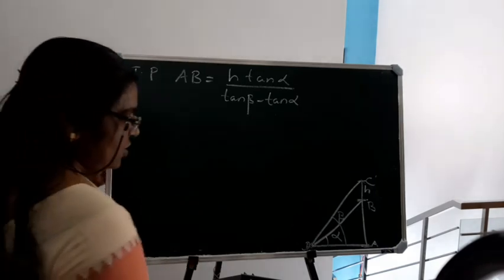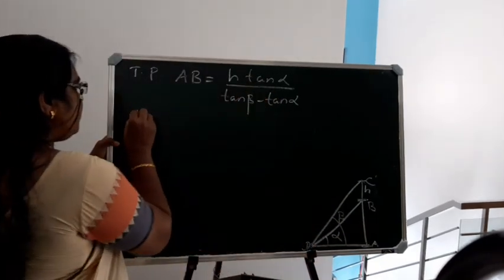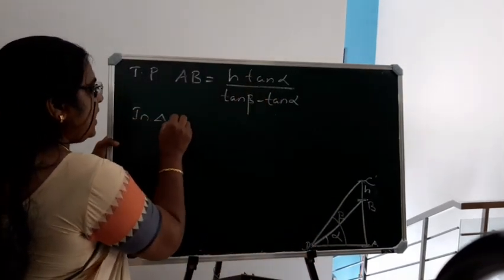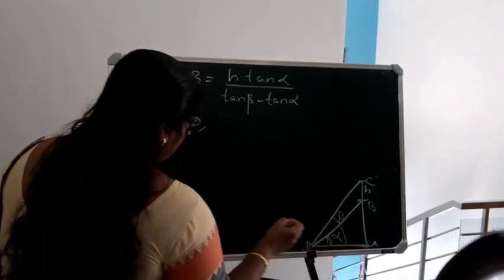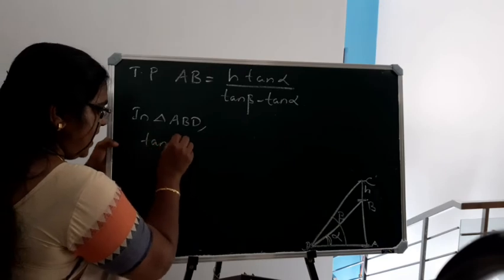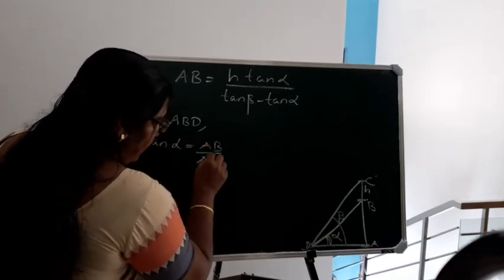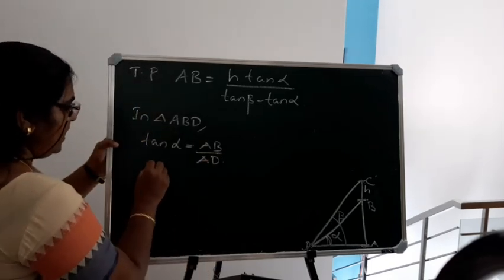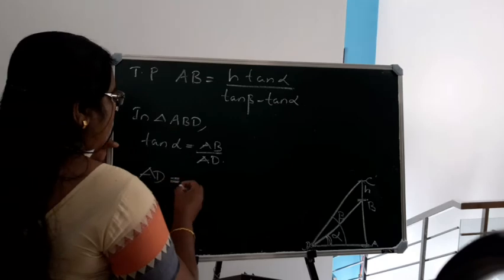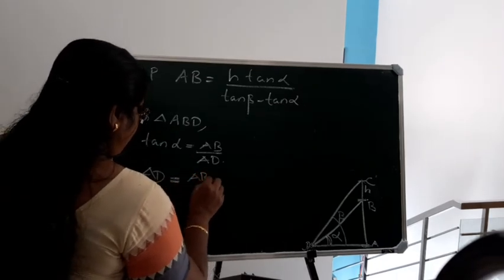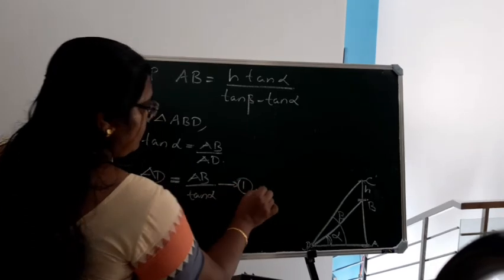So here in triangle ABD, the angle is alpha here. So we can write tan alpha is equal to AB divided by AD. From this one we can write AD is equal to AB divided by tan alpha. This is equation number 1.